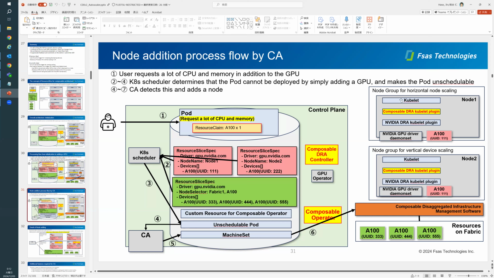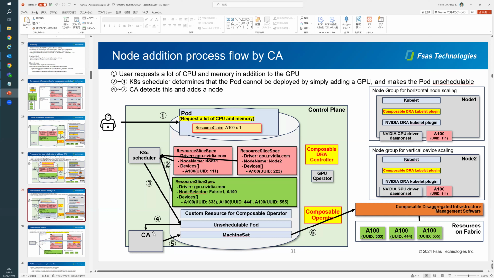In this case, if we consider only the node group for horizontal node scaling, the autoscaler just refers to the resource slice for node local resources, but in composable architecture, cluster autoscaler also needs to refer to the resource slice spec for fabric resources.